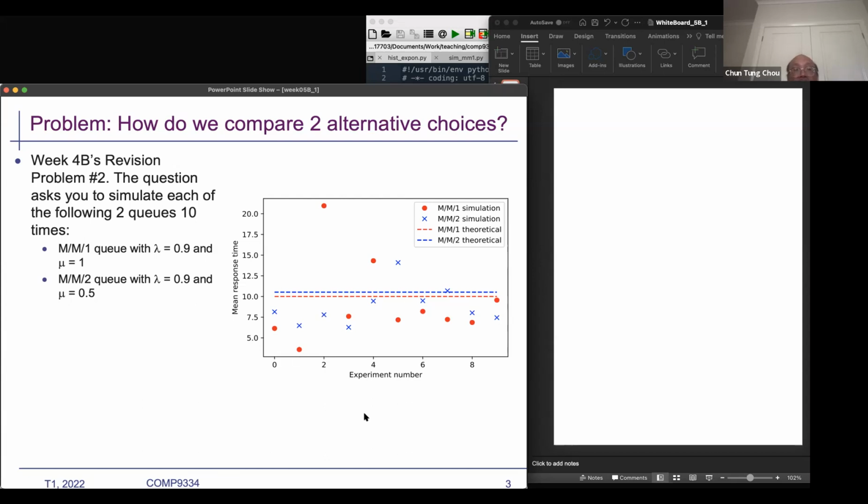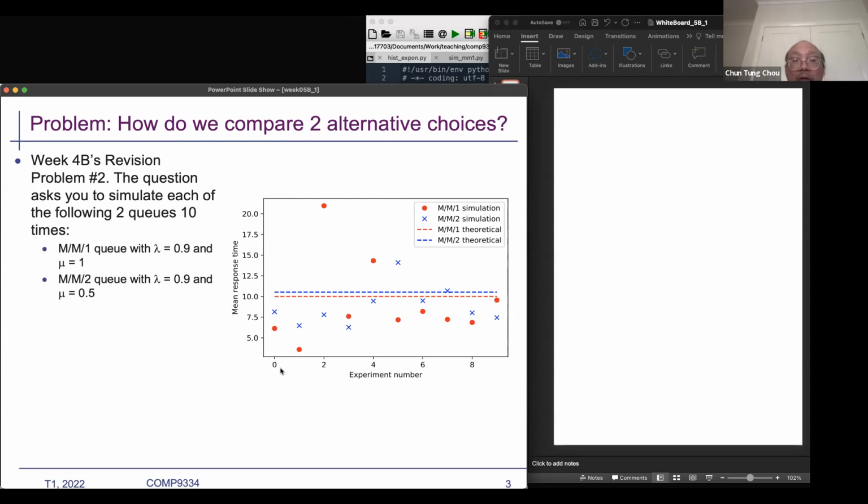So you have seen this graph, and what we did was we carried out the simulation 10 times, so you have simulation 0 to simulation number 9. For each simulation, we record the mean response time, which is shown in the vertical axis.